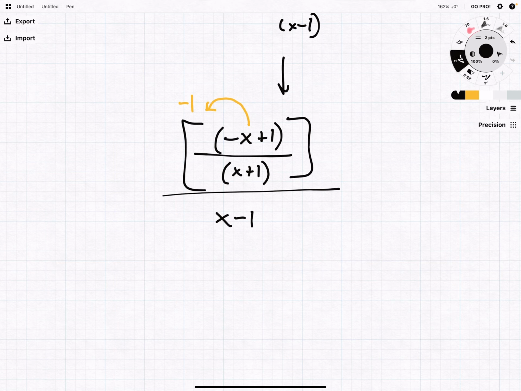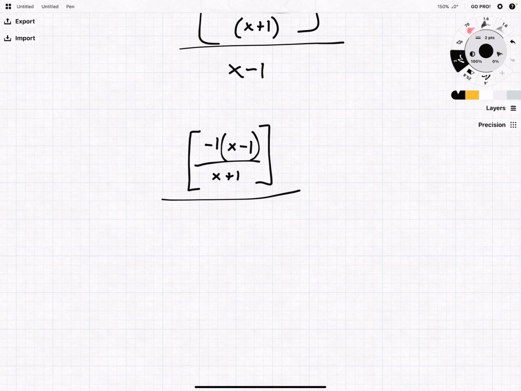So we're going to do exactly that, factor out a negative 1. That will give us negative 1 times (x minus 1) over (x plus 1). And this is all over x minus 1.